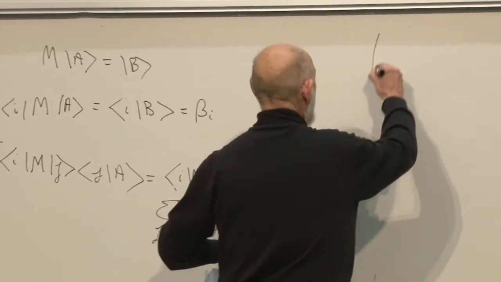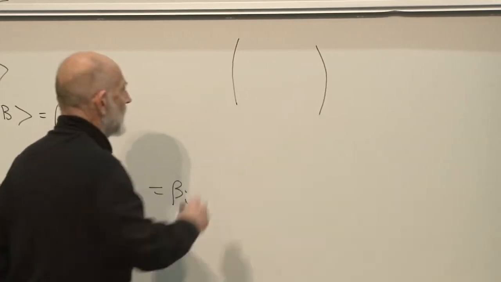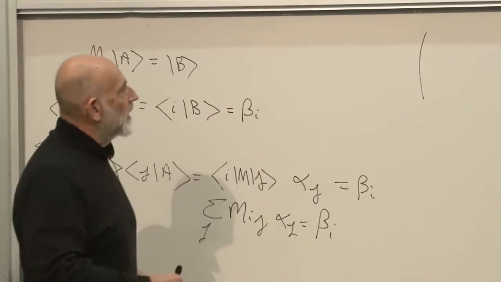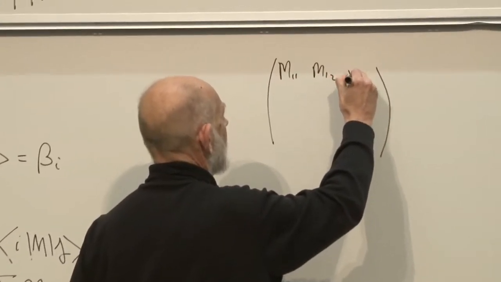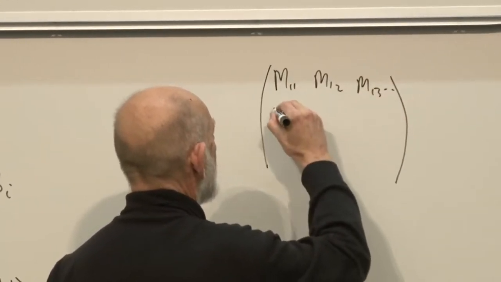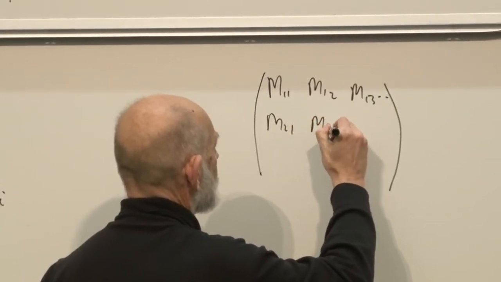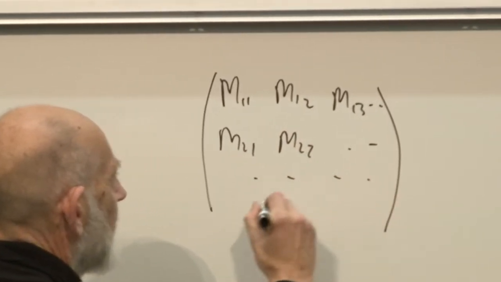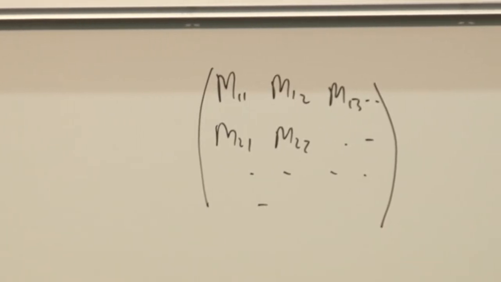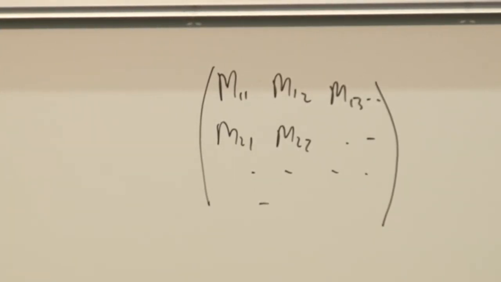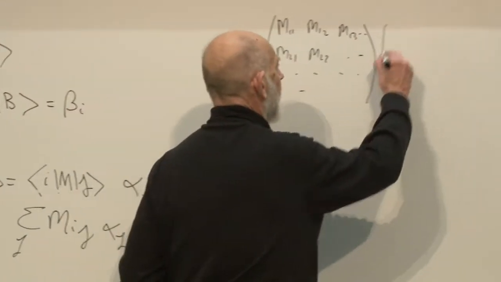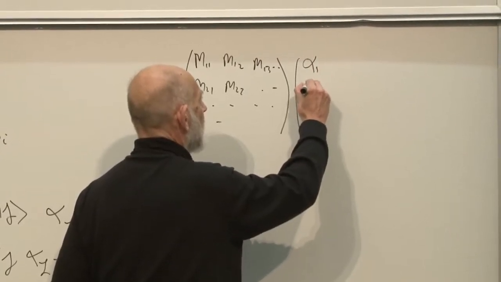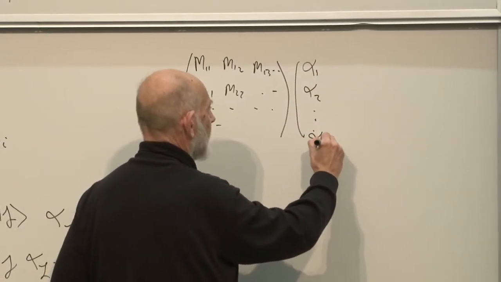You write the matrix M by displaying all of its components, M11, M12, M13, dot, dot, dot, M21, M22, dot, dot, dot. It's just an array that exhibits the matrix elements. We'll now learn to call these the matrix elements of M times the column vector A, alpha 1, alpha 2, dot, dot, dot, alpha n.